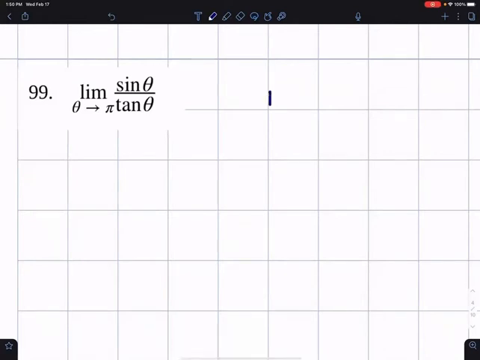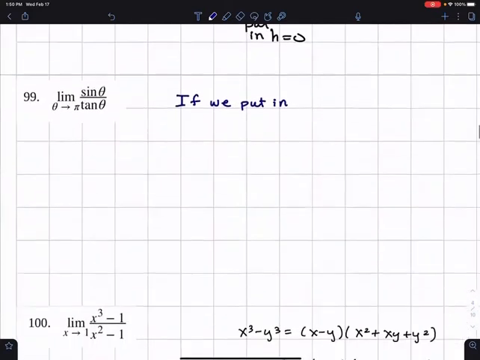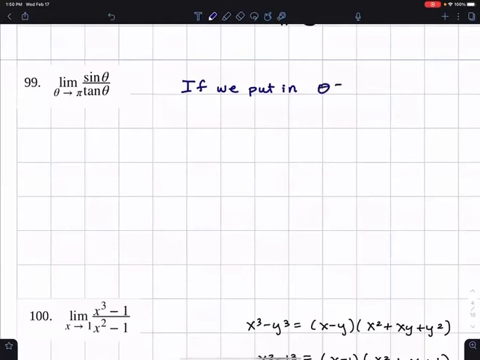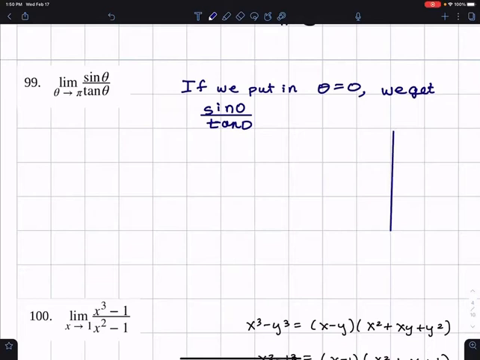So if we put in theta equals 0, we get sine of 0 over tangent 0. And so those limits are both 0.